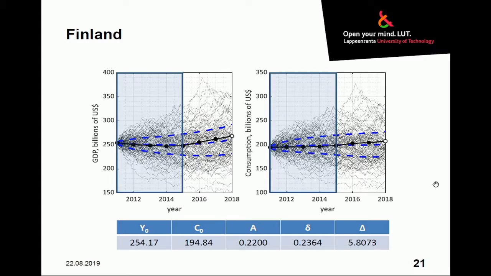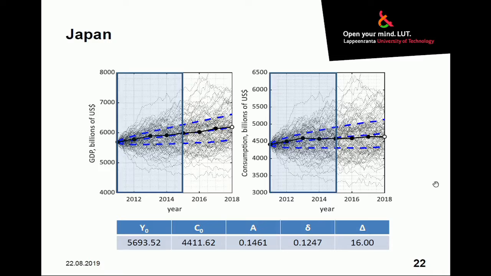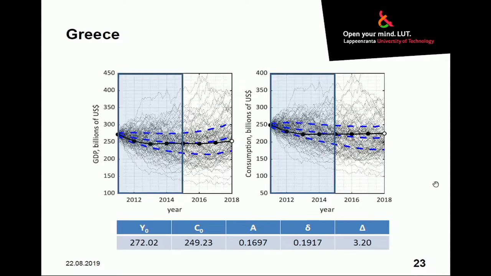For Finland and for Japan, the result is rather good, and the parameters differ from those for China and Australia. The values are different, but the procedure gave them quite okay.